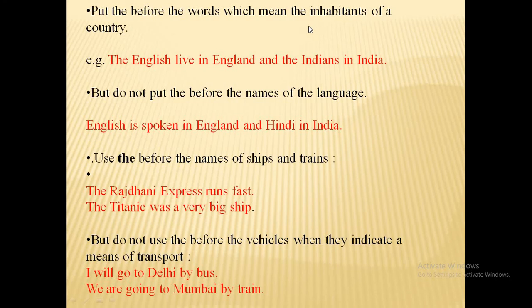He is a dweller. He lives in a particular country, as in, the English live in England and the Indians in India. So we are talking about nationality. So with nationality, we use the definite article the. The English live in England and the Indians live in India.